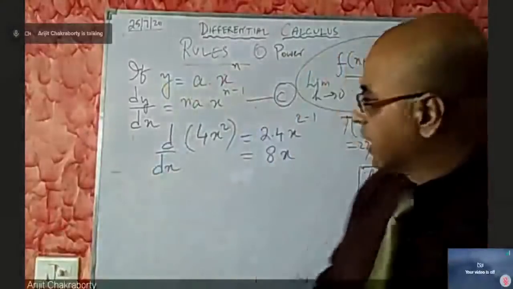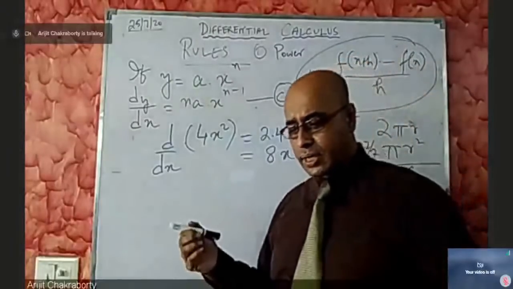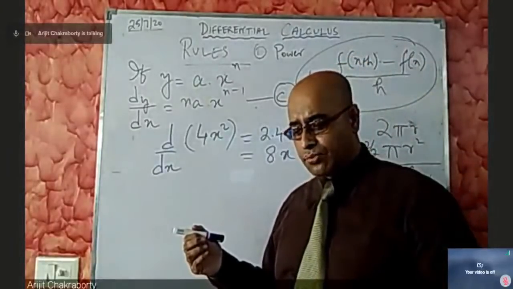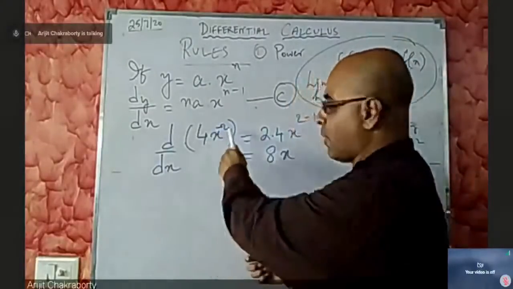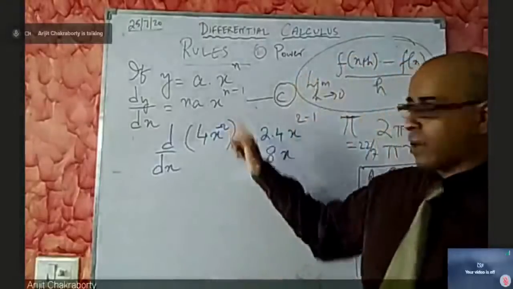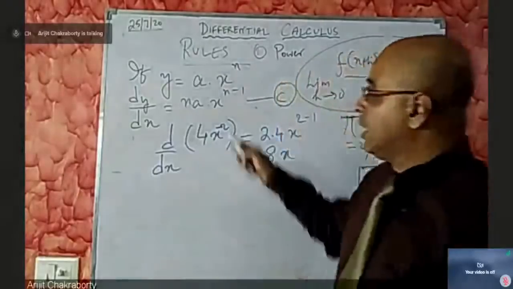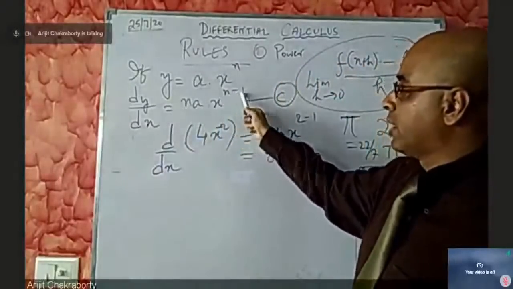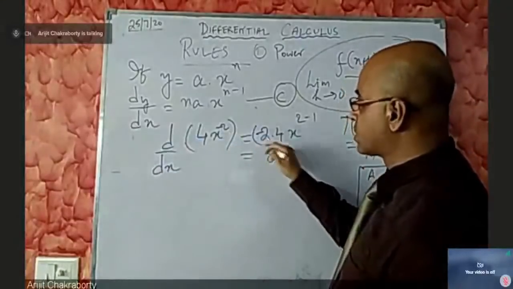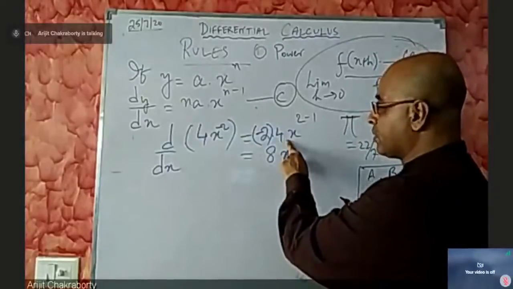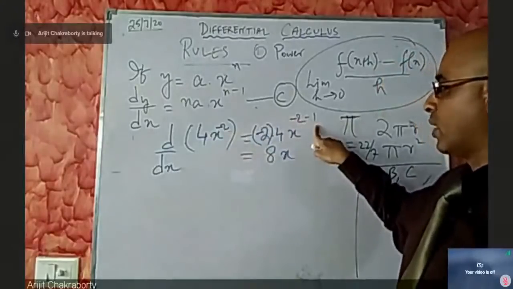Now we will take a negative value. Let us take 4x to the power minus 2. So, negative power. The same formula will be applicable: n a x to the power n minus 1. In this case n is minus 2. So instead of 2 it will be minus 2. 4 will be there, and minus 2 minus 1.